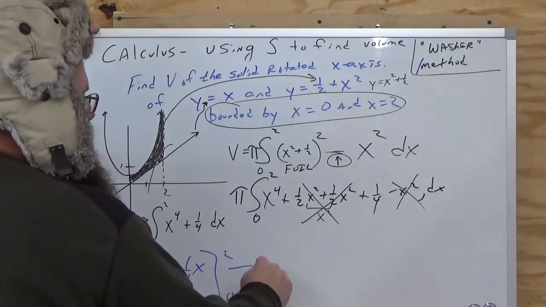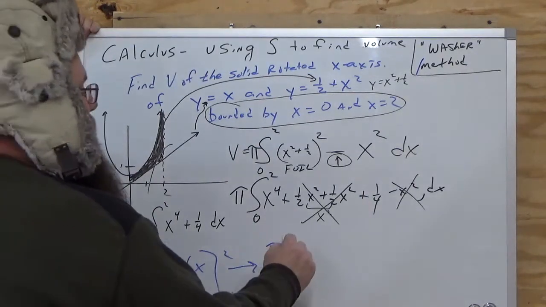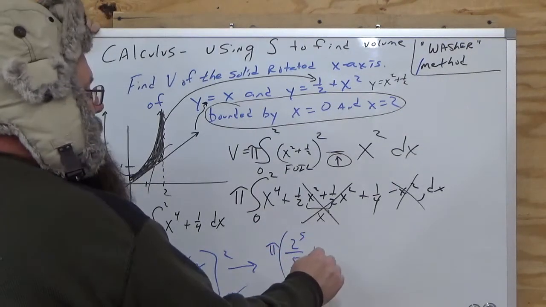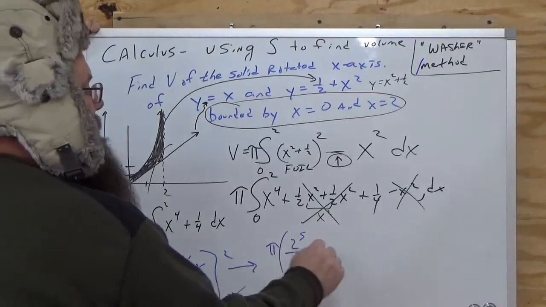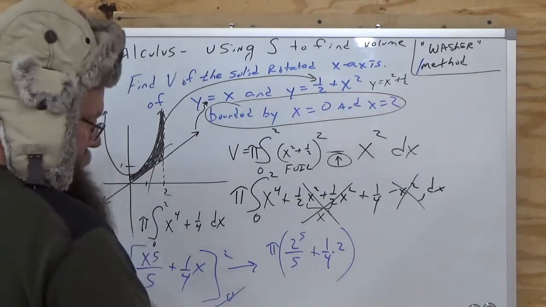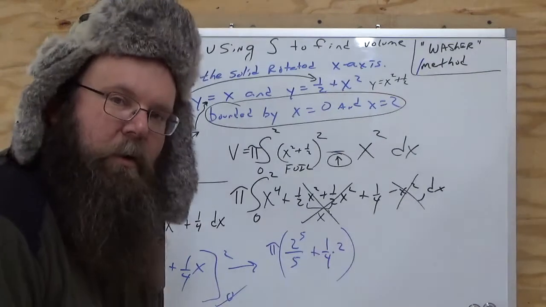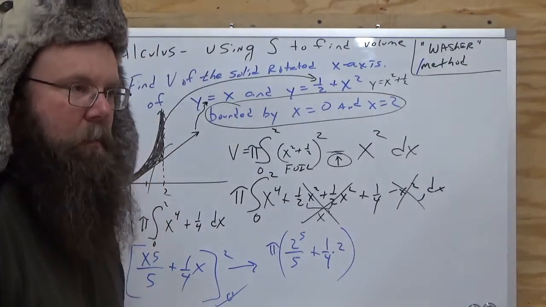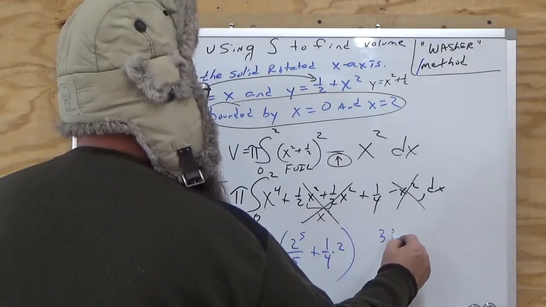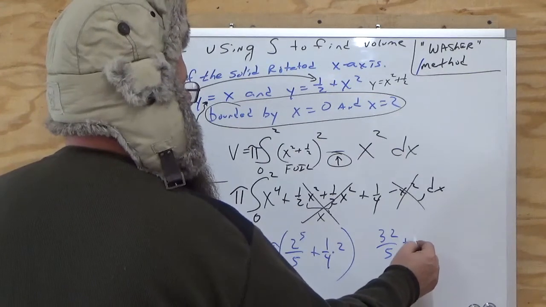Pi times, I'll put this in parentheses, 2 to the fifth over 5 plus 1/4 times 2, boom. What's 2 to the fifth power? You should know that. You had NP, he made you memorize those. It's 32. This is 32 fifths plus 2/4, that's a half.